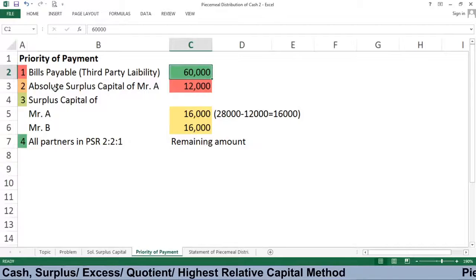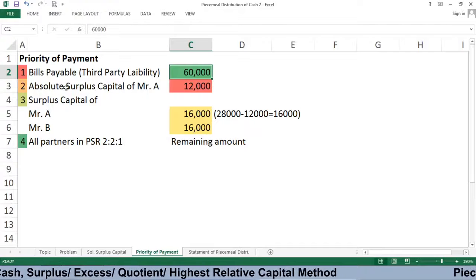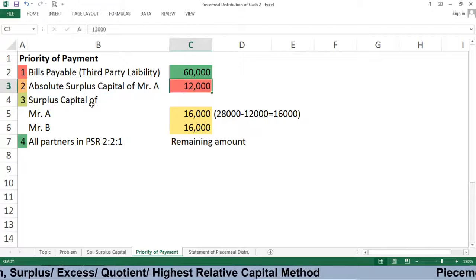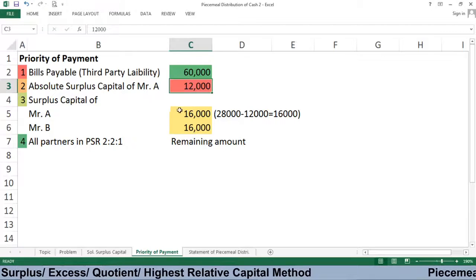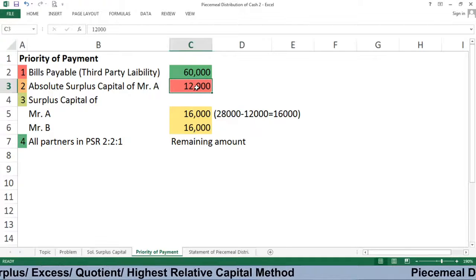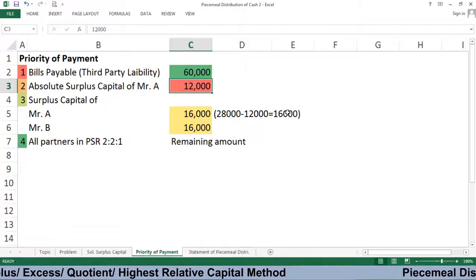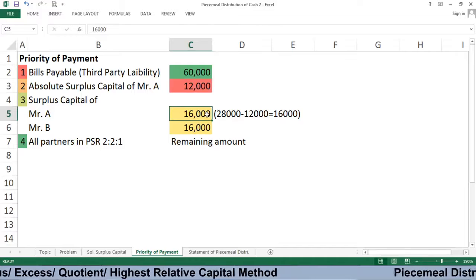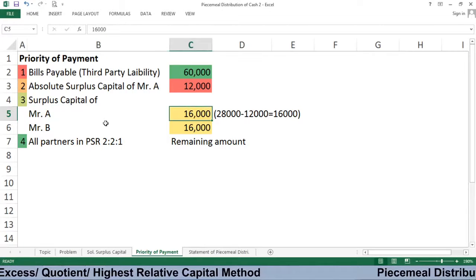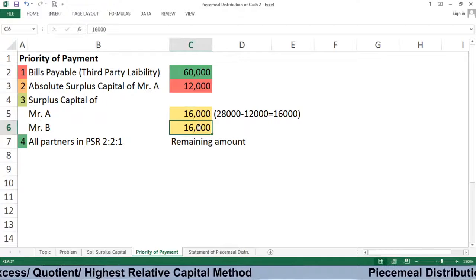Later on there is no external liability, so absolute surplus of Mr. A is 12,000, and then surplus of A is 28,000. But here we have already paid rupees 12,000 to Mr. A, hence he will get only 16,000 in this second step. So Mr. A will get 16,000 and Mr. B will get also 16,000.